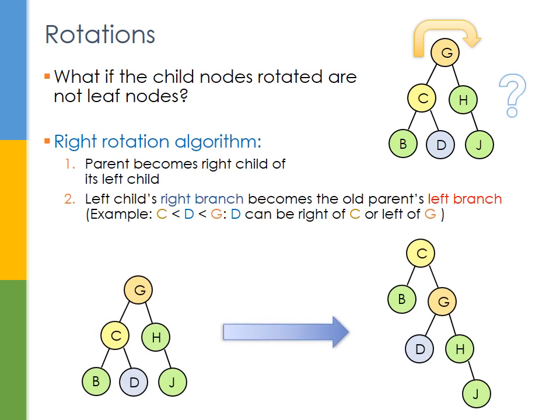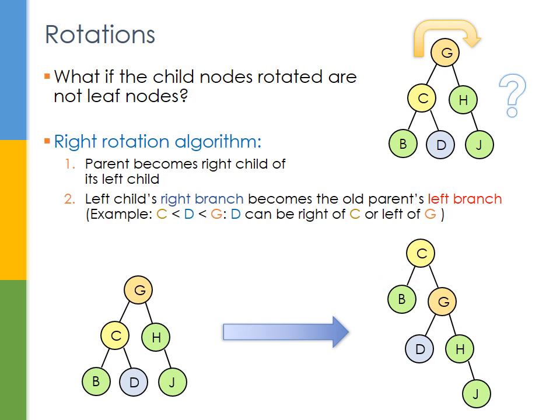Alright, so let's look at how this would work in practice. So we are performing a right rotation. This means that G becomes the right child of its left child, which is C. So you can see that that's exactly what's happened there. B, H, and J don't change structure at all, so H and J are still, after the rotation, right children of G, and B is still the left child of C over there.